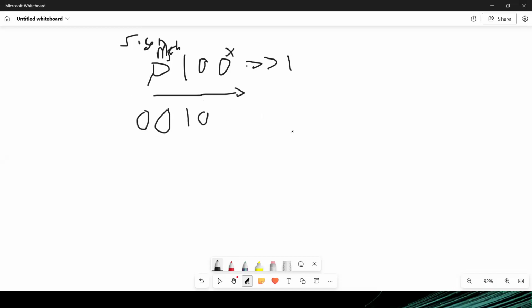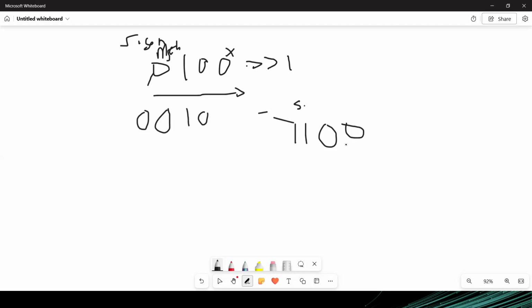But imagine that we are working with a negative number. Let's say we are working with 1100. Remember, this is a signed integer, and this bit is the most significant bit. It shows that this is a negative number.